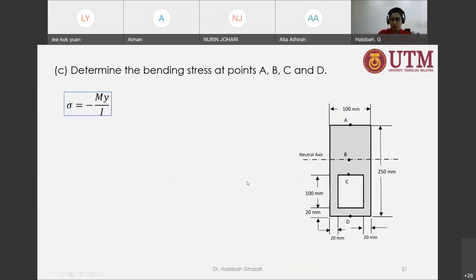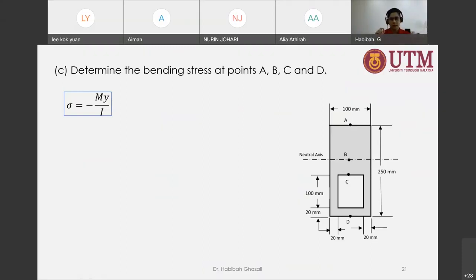I will use the one with the negative. I won't drop that negative because I notice a lot of you are not able to visualize that compression and also that tension, the elongation and also the contraction.